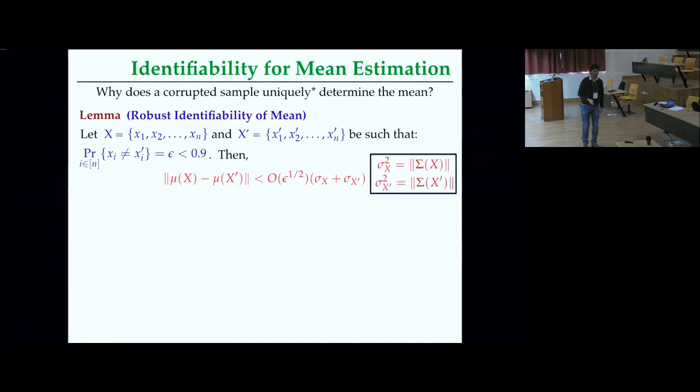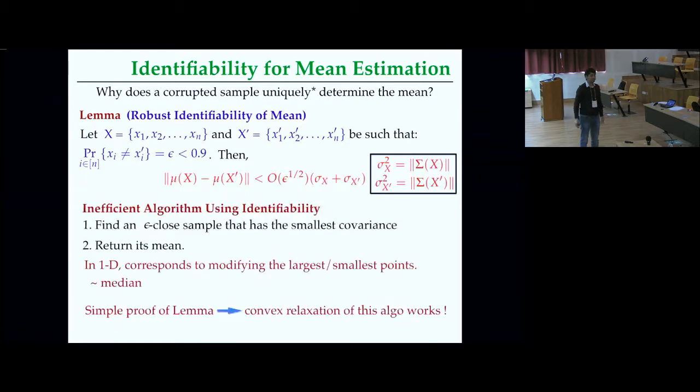Great. So let me convince you that this establishes identifiability. I'll give you an inefficient algorithm that uses this lemma to find a good estimate of the mean. Here's the inefficient algorithm. Find an epsilon close sample that has the smallest possible largest eigenvalue of the covariance.